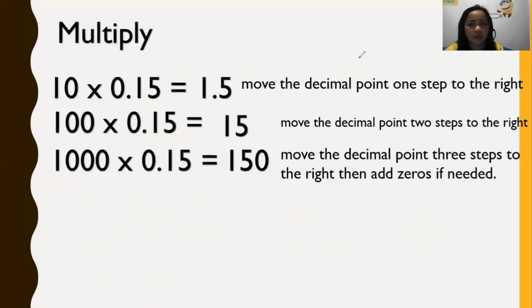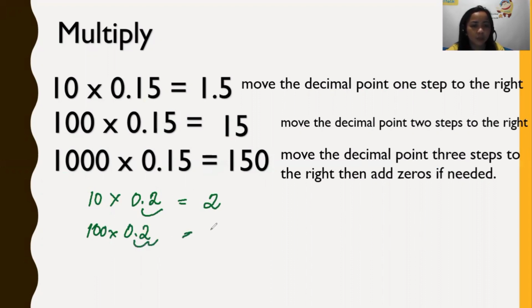Let's have another example. Let's say that we need to multiply 10 times 2 tenths. We have one place here, so the answer is 2. 100 times 2 tenths. We need to move 2 places, 1, 2. The answer is 20. 1000 times 2 tenths.